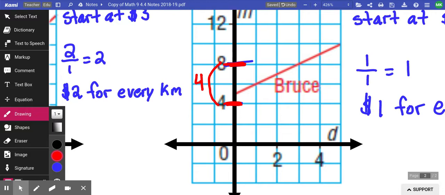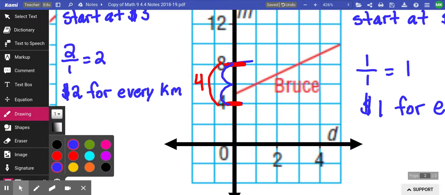You're like, yeah, I see that's by 4. And then trying to figure out what the little individual blocks are. So this, which I'll do in blue, is halfway. If you just divide 4 by 2, that'll tell you what's halfway. So halfway must be up by 2, which would be 6. And then halfway in between 4 and 6 must be going up by half of 2, which would be going up by 1s.